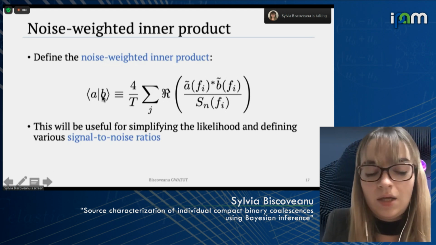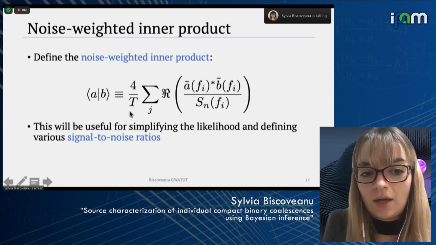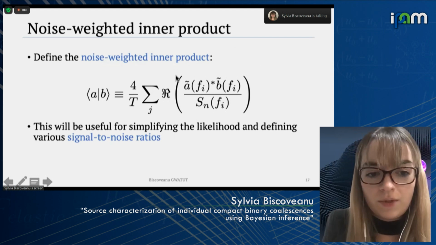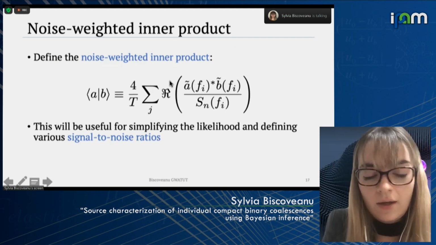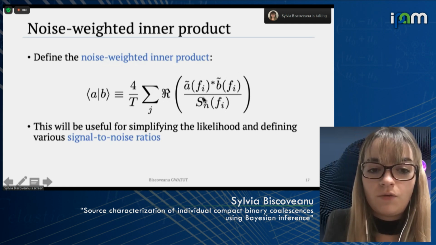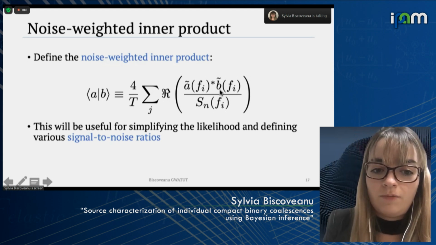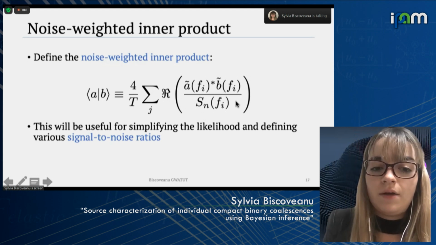So the inner product of A and B is defined as 4 divided by the duration of the segment being analyzed times a sum over frequencies, whoops, this should be an i, of the real part of the Fourier transform of A complex conjugated multiplied by the Fourier transform of B divided by the PSD.